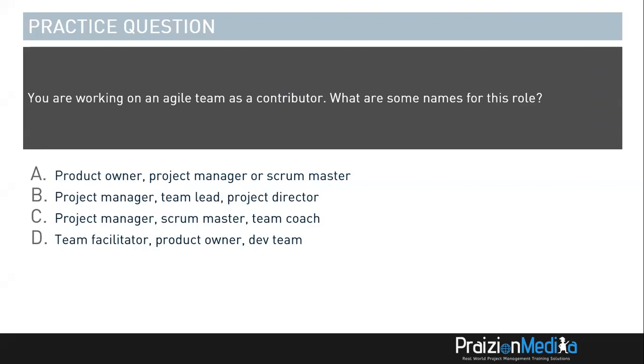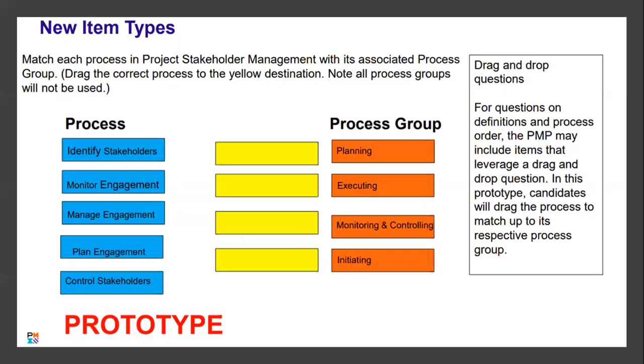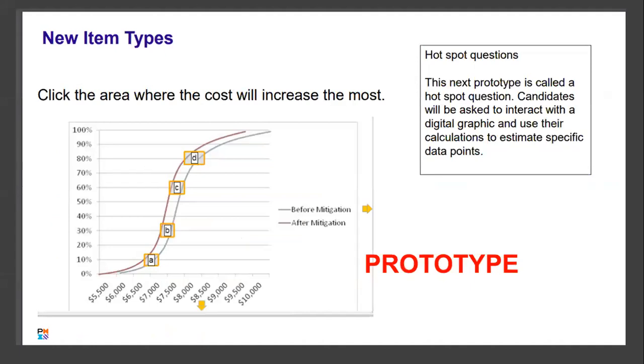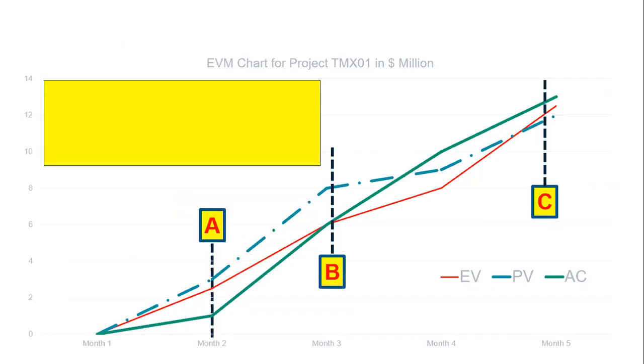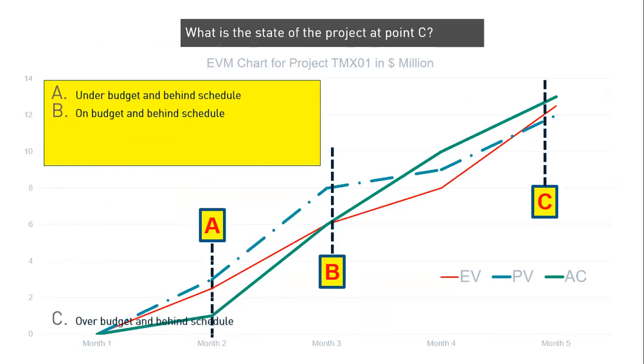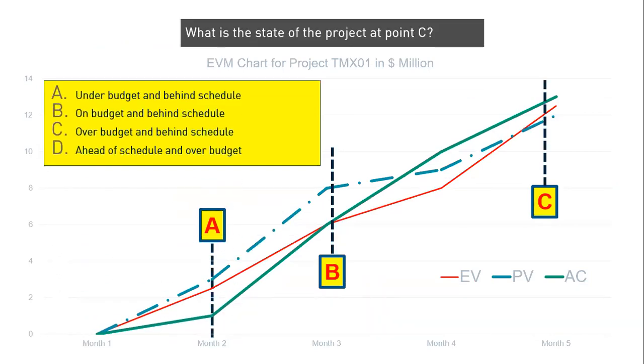Here is another example of what the exam could present. It could present drag and drop interactions, or it could present hotspot questions where you need to click where you believe the answer is. You could get questions of a slightly technical nature, perhaps a handful sometimes, maybe sometimes 1, maybe 2.